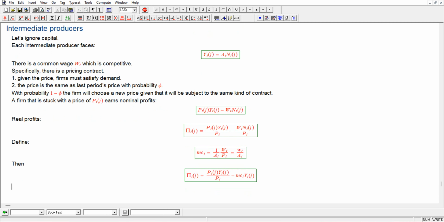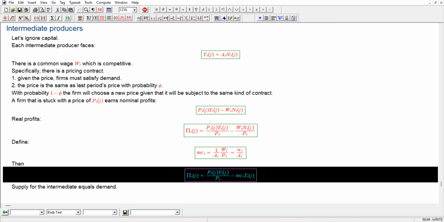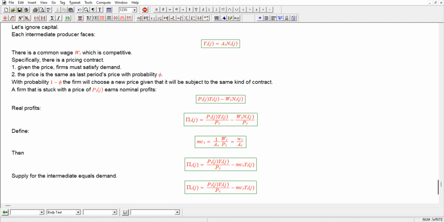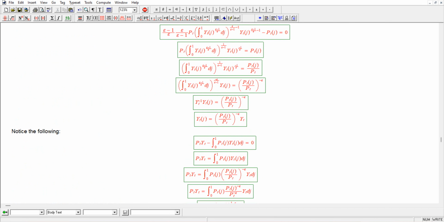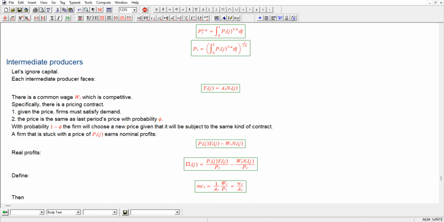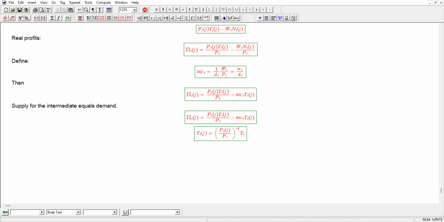Now let's impose that supply for the intermediate equals demand. What does that mean? It means that we have to go up here and bring down this equation and use it to substitute for the demand for individual intermediates, like so.